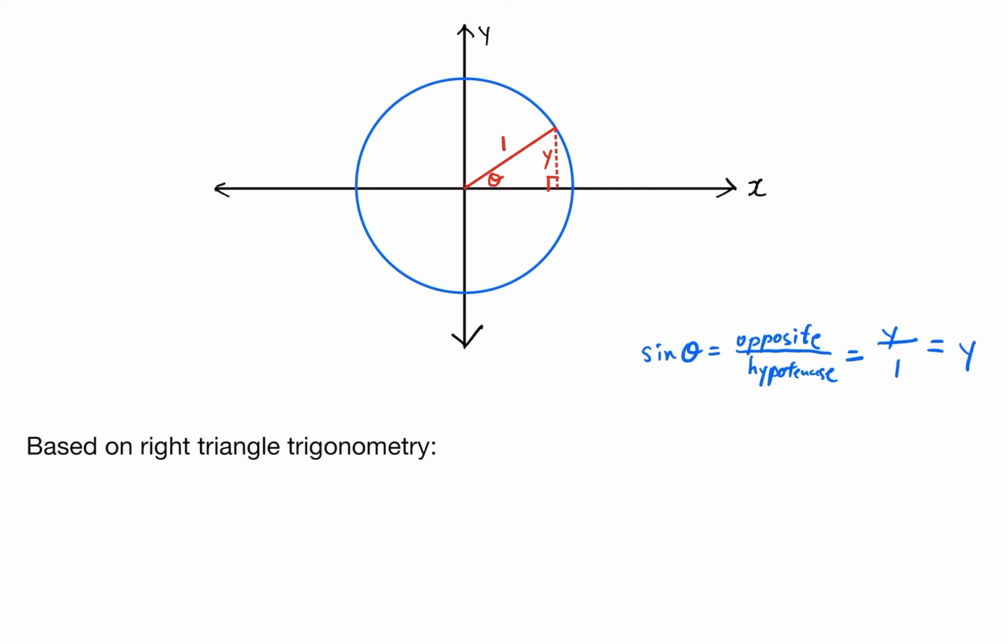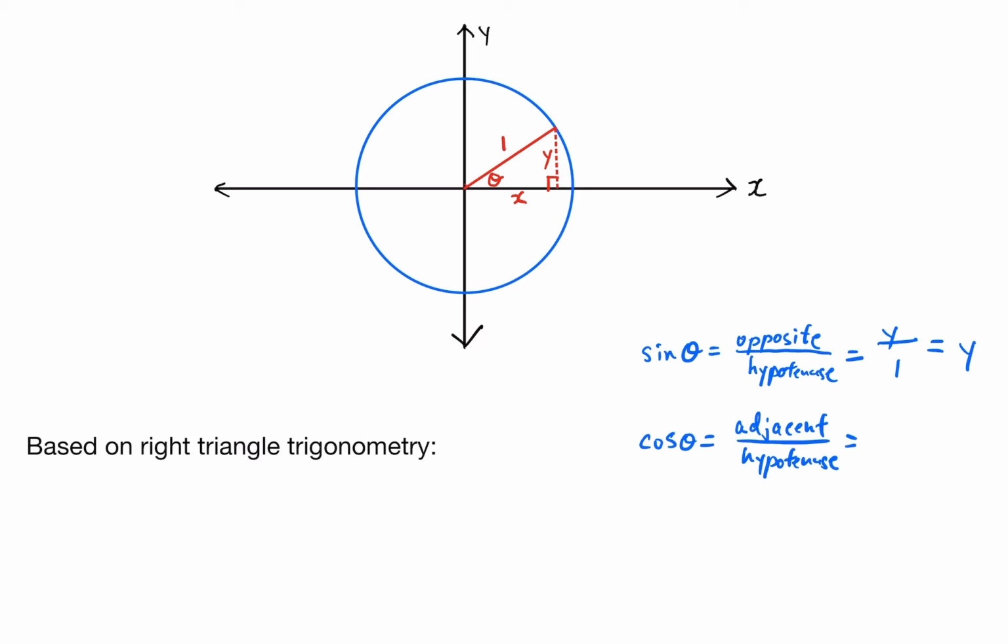Now let's take a look at the other side of the triangle. I'm going to call the base here x, okay? And if we were to take the cosine of theta, we know from our previous lesson that cosine of theta is the adjacent side over the hypotenuse.